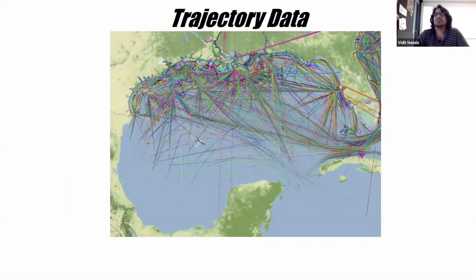So here is trajectory data. What I mean by this is, I think, October 2018, in the Gulf of Mexico, every ship that pinged "I am here" is now drawn via some trajectory. And we are making no distinctions between cargo boats and little ferries or anything like that. There's, I think, a bit going up the Mississippi.